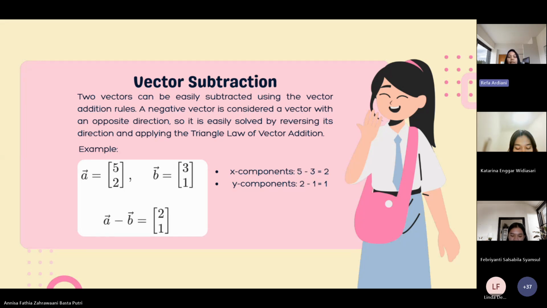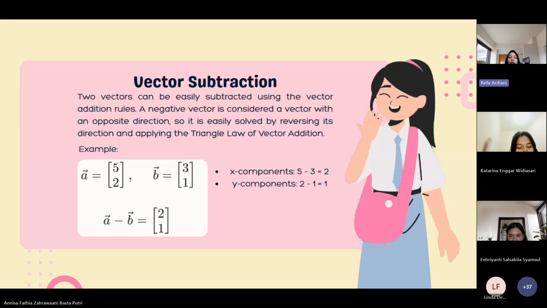The second is vector subtraction. Vector subtraction is used to find the difference between two vectors. Similar to vector addition, we subtract the corresponding components. This means we subtract the x component and the y components separately. For the example, vector A equals (5, 2), and vector B equals (3, 1). The x component of vector A is 5, while the x component of vector B is 3.